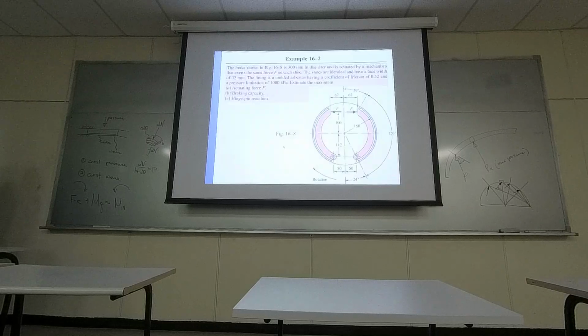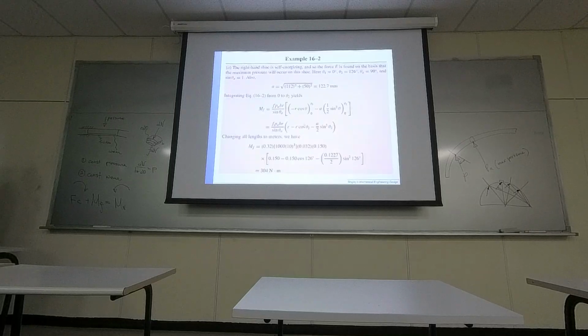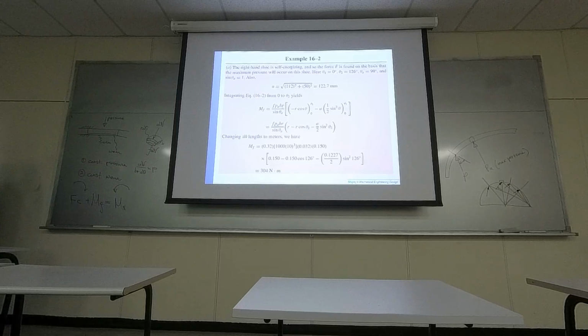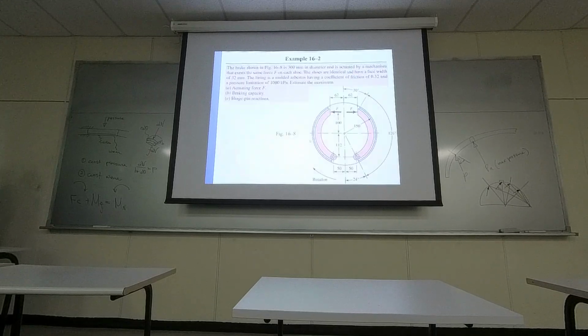So the largest pressure that you can have. And then B basically is the width. So right here, B is the 0.032. Also 0.032 right here. That's the B.